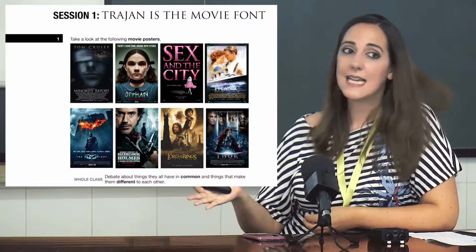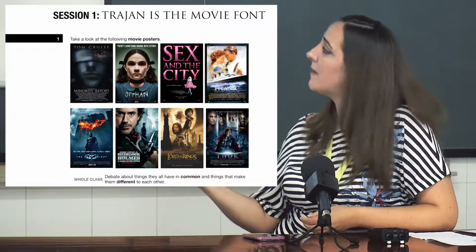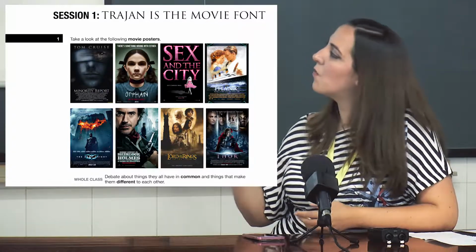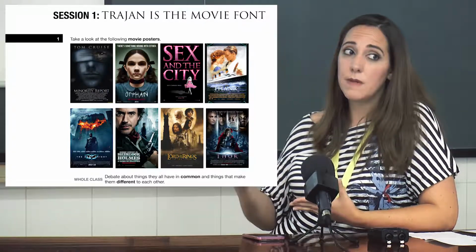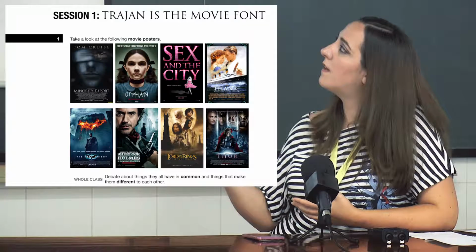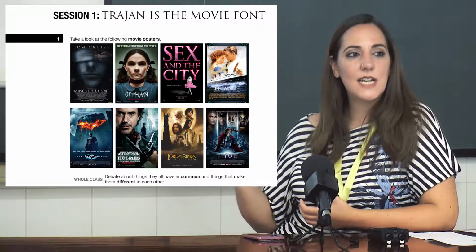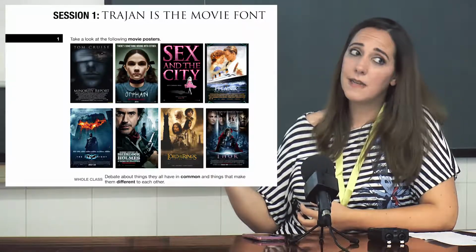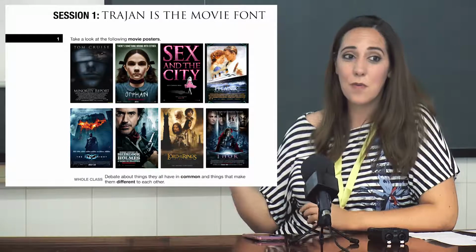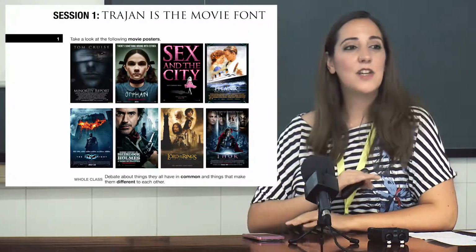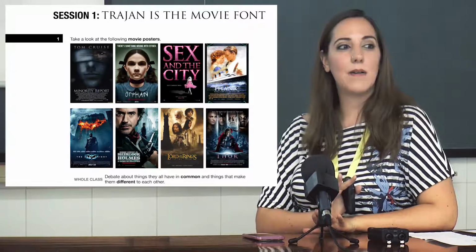So in this exercise, I created a debate, so people talk about what they have in common and what's the difference between the movie posters and the way they use the typography. Like the old font is kind of childish because it's about a girl. It's kind of creepy because it's a horror movie, and if you're wise enough and you take a bit of time every time you see a movie poster, you know exactly what it's about.